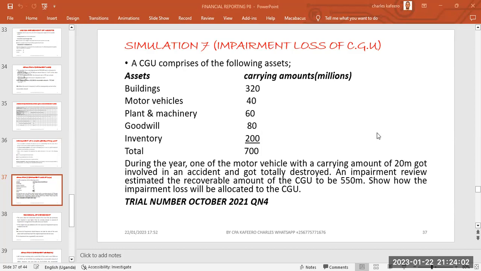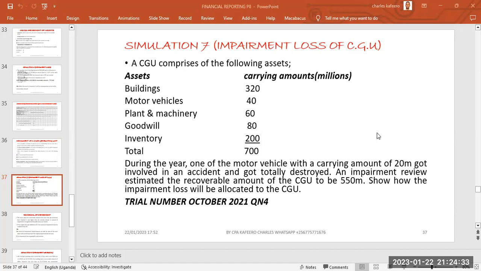And this is going to be all about impairment of a cash generating unit. Basically, a cash generating unit is just a terminology that has been given to a group of assets that we can't easily attribute individual cash flows to.